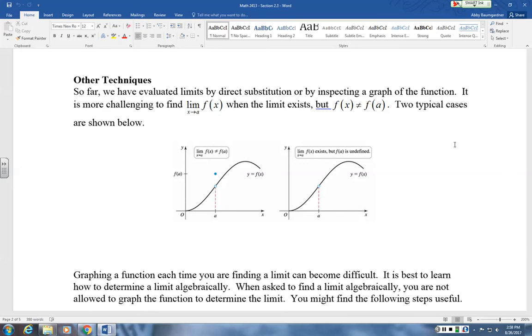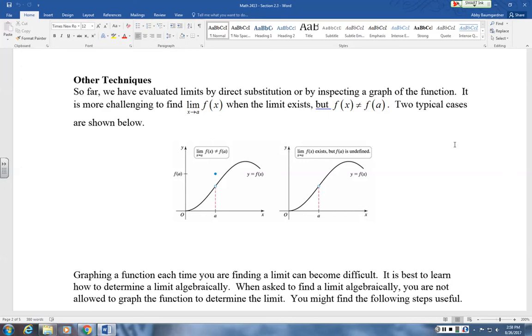All right, so we have two typical cases that we want to investigate, how we would determine these limits with algebraic methods. If you look at the first one, this is what's called a removable discontinuity. It's very easy to fix if we could just plug the hole.